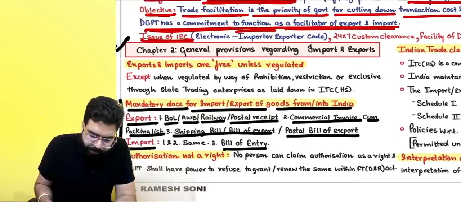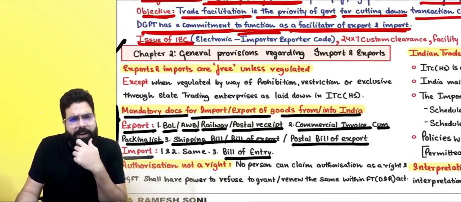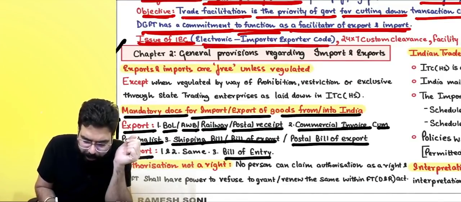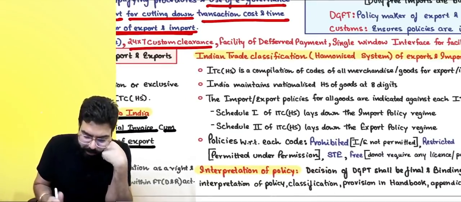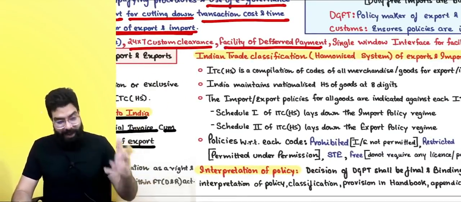Okay, sir. And what are they doing towards trade facilitation? Issue of import-export code. Electronically, the import-export code is being issued. 24/7 customs clearances are given. Sir, facility of deferred payment is there. Clear now, pay later. We are giving that.